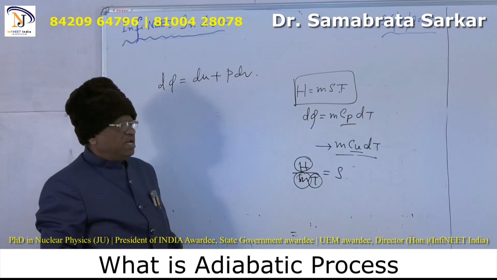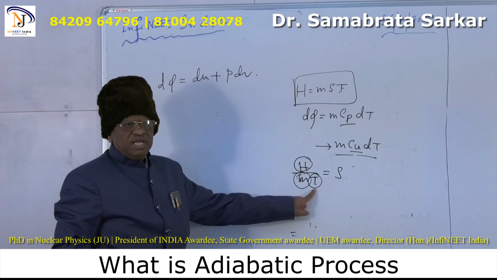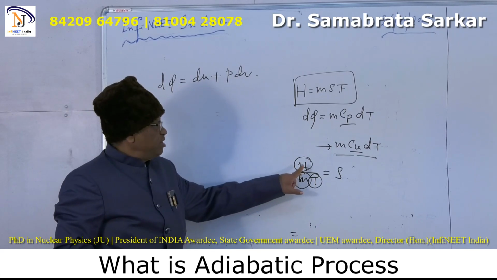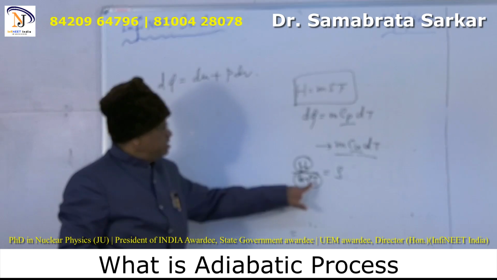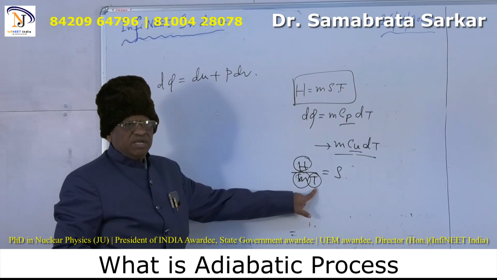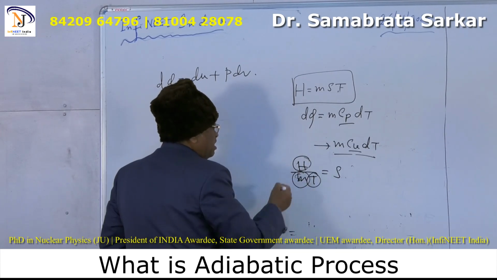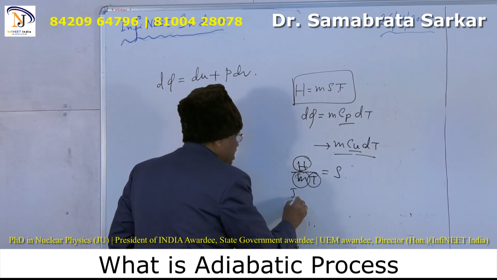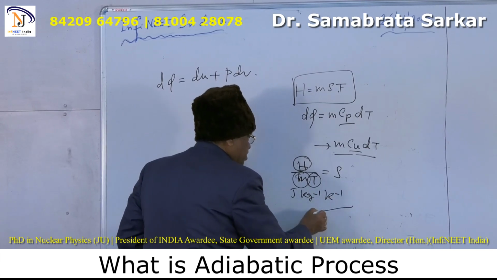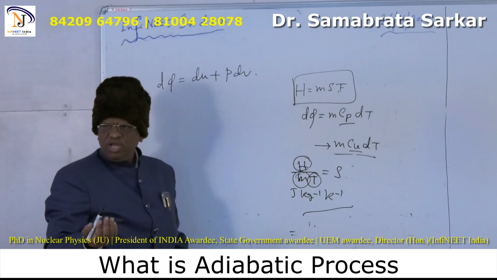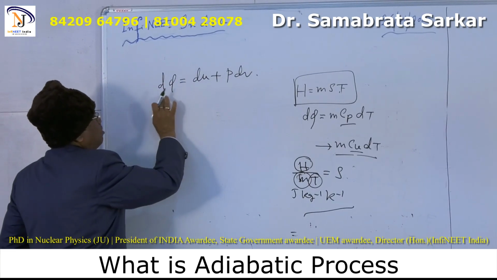Heat is energy, so if we write in joule, it will be J kg to the power minus 1 K to the power minus 1. Okay, clear?